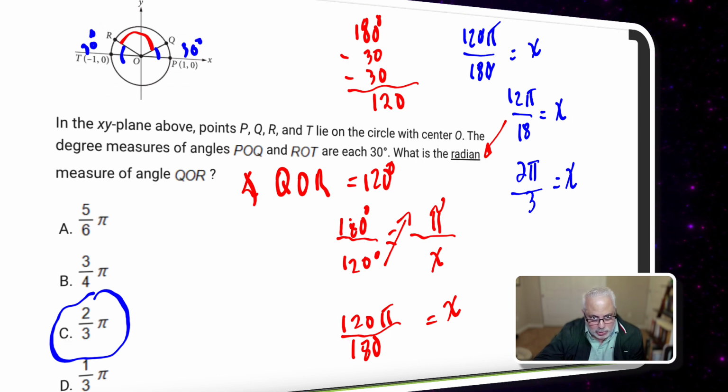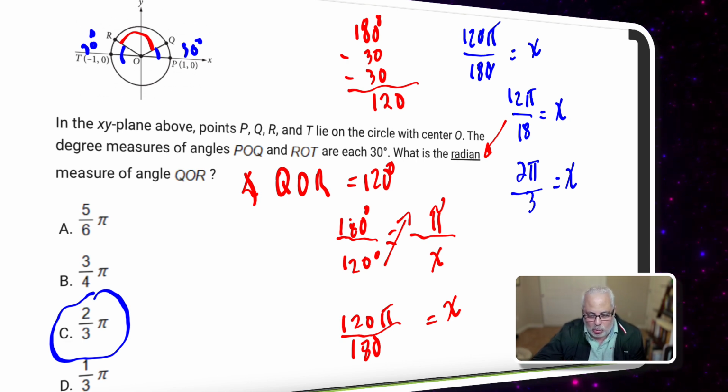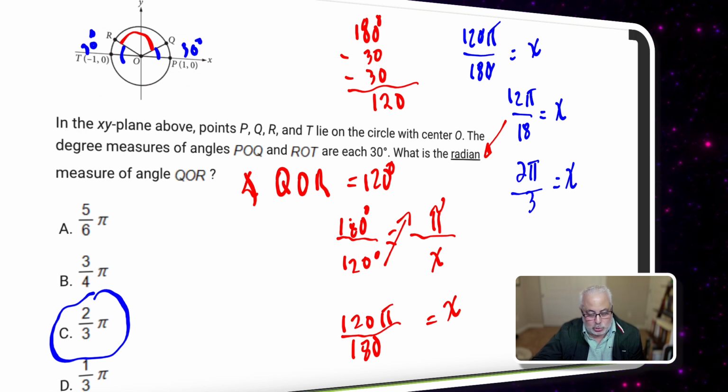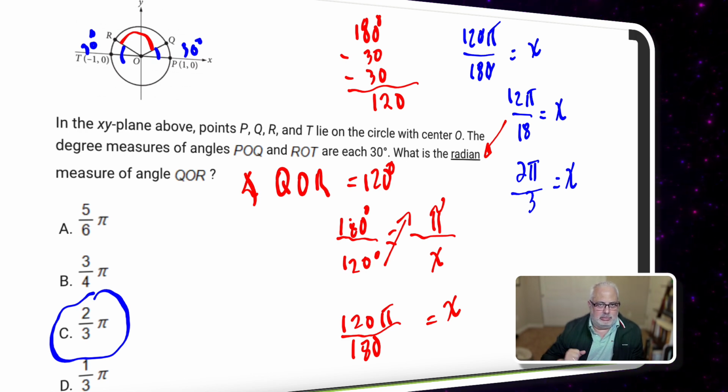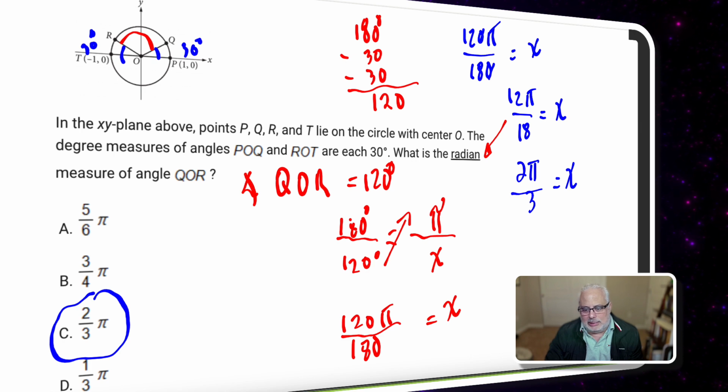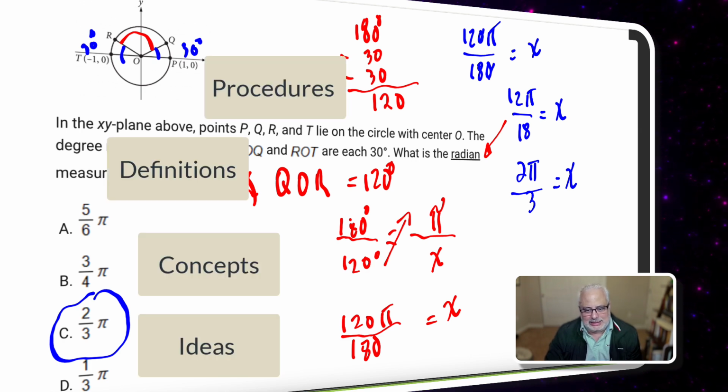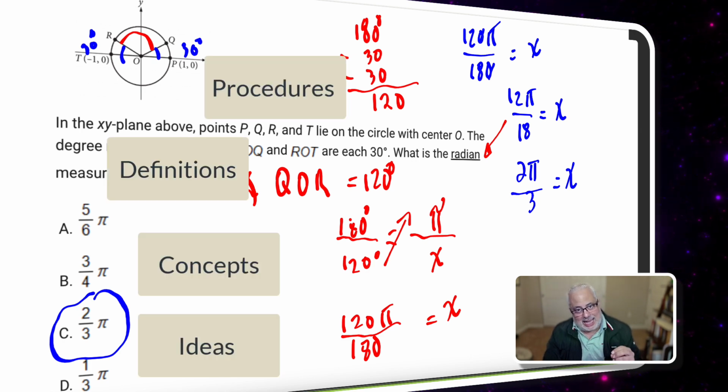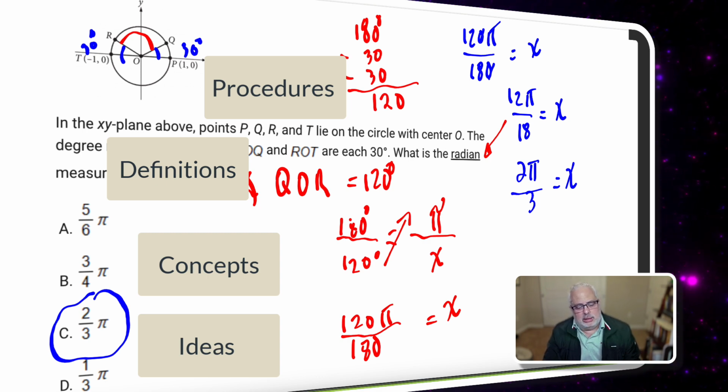There is another approach that you can do, the 120, using the unit circle. But remember, I'm trying to target the concepts, the ideas, the definitions, and the procedures that help the students that will be taking the test soon in March, for example, 2024.